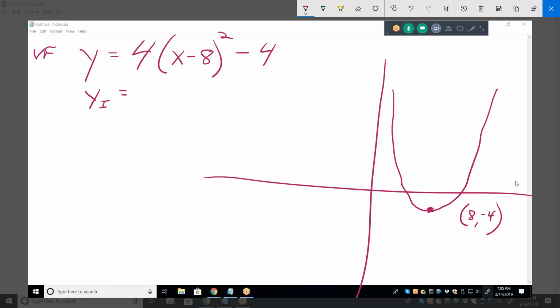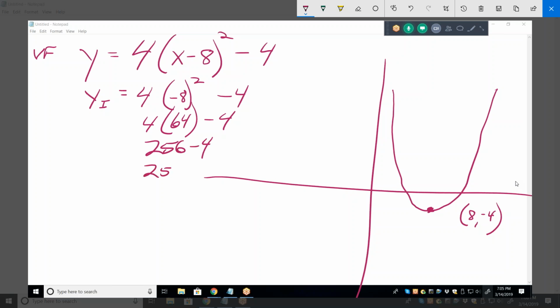Yeah, but times 4. In other words, here's what it is. All I did was substitute 0 for x. That becomes this. That's 256 minus 4, 252.